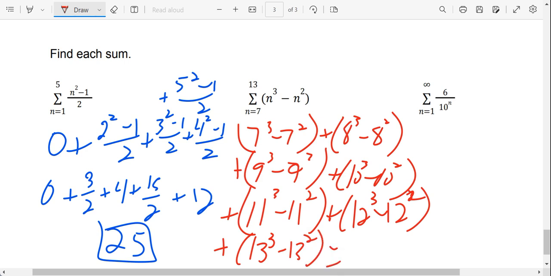And what does that add up to? Then you calculate, you'll get 7,112.